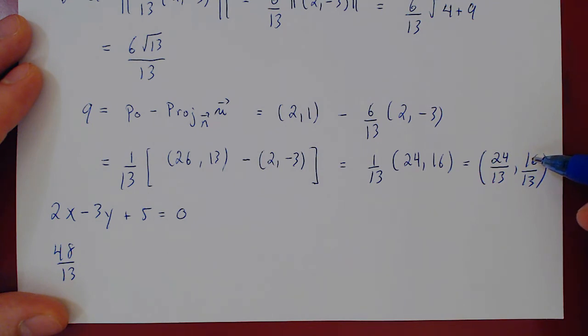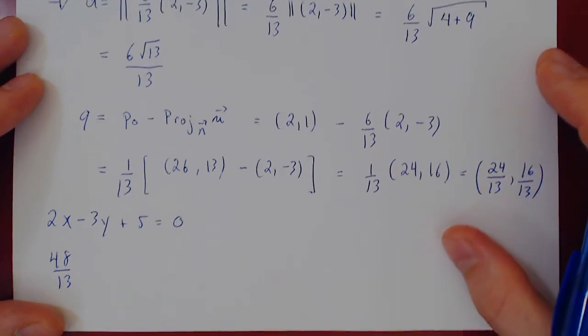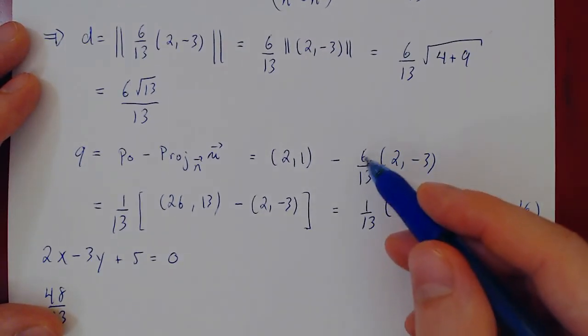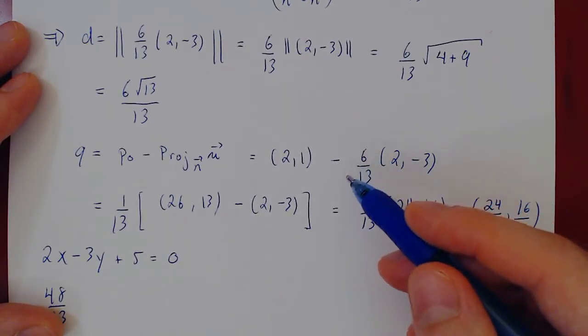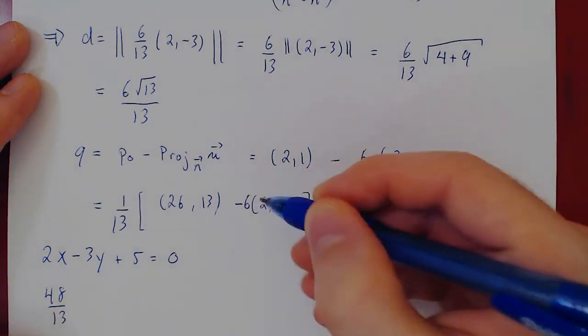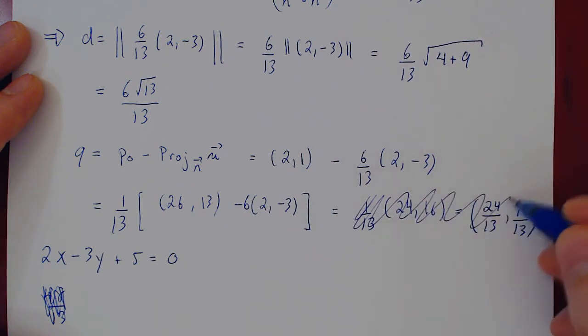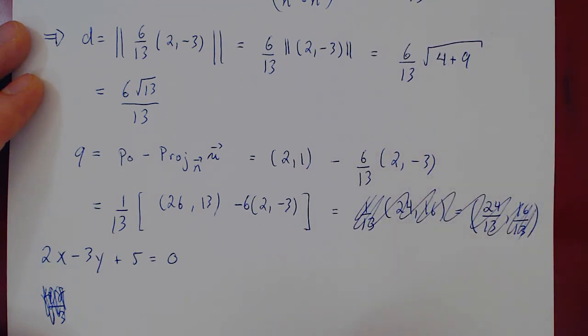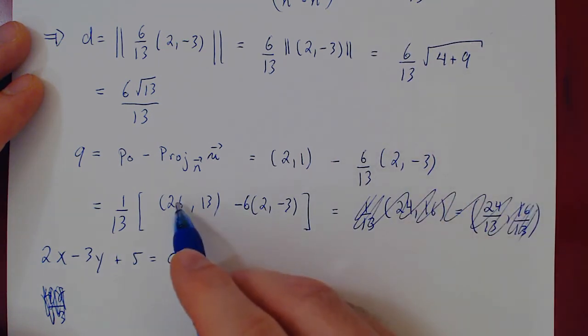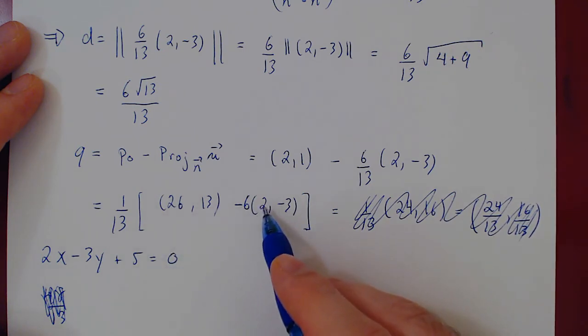Whoops, what did I do here? Oh, I left out my 6. Aha. This makes more sense, because this was not going to work. Now it's just 6 times that. Let's fix that. So what are we going to have? We'll have 26 minus 12.